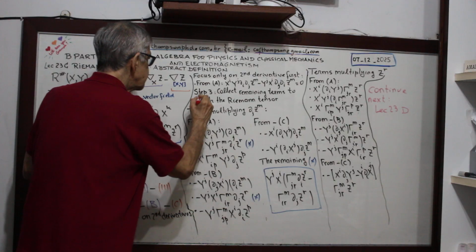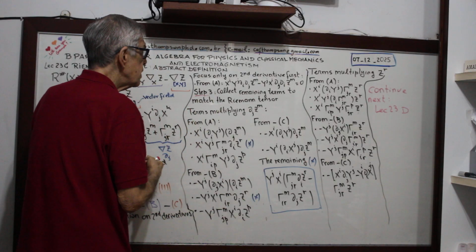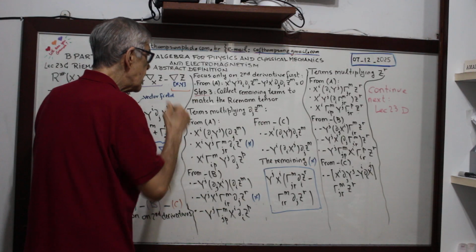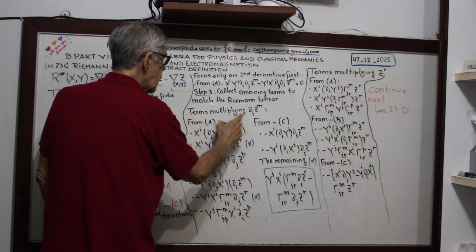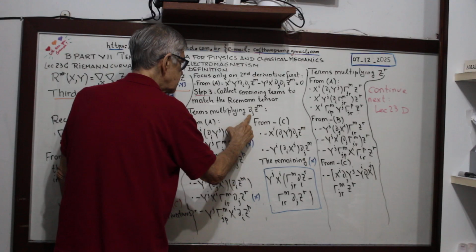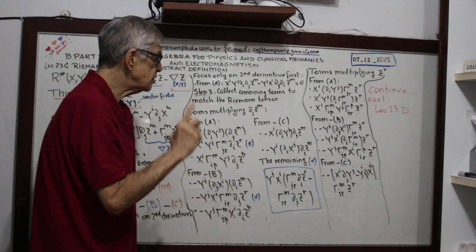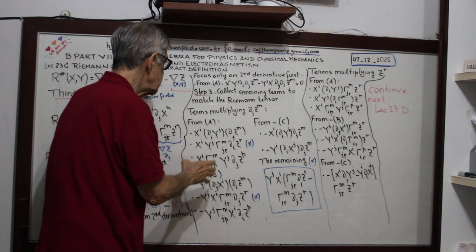Now, in step 3, you collect the remaining terms to match the Riemann tensor. Now, terms multiplying partial of xj, there's a basis, a vector basis, as the m. Now we'll collect these terms.